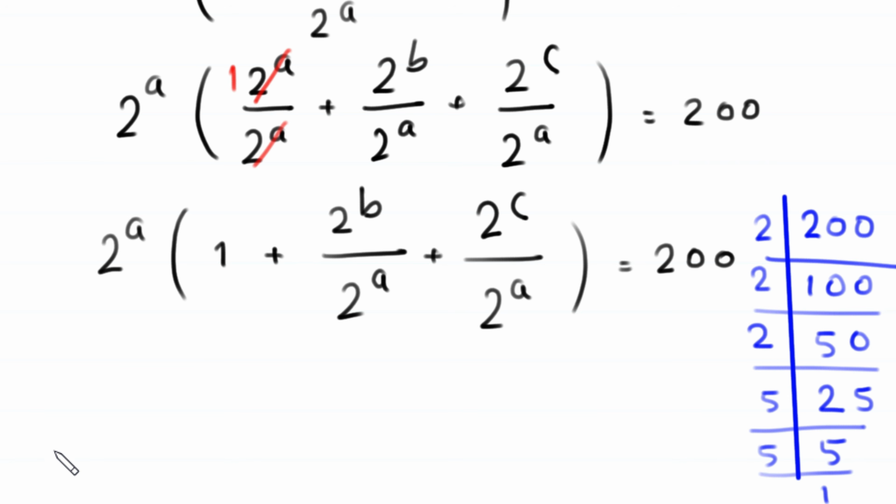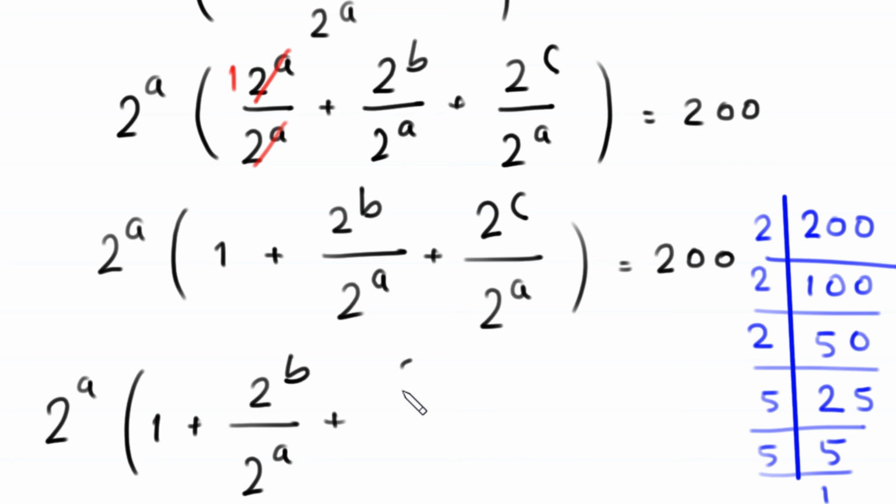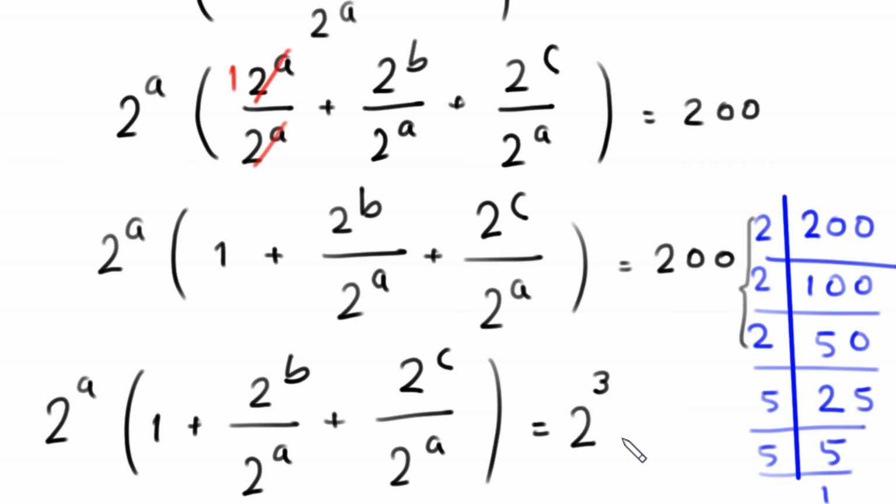So this will become 2 to the power a times (1 plus 2 to the power b divided by 2 to the power a plus 2 to the power c divided by 2 to the power a) equal to, we can rewrite this 200 as, since 2 is 3 times, this will become 2 to the power 3, times 5 is 2 times, this will become 5 to the power 2.